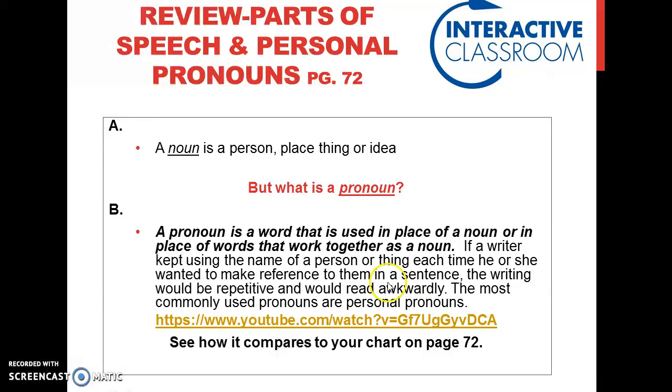So we're going to watch a video. It's kind of cool. And you're going to see how the video compares to your chart on page 72. So page 72, there's a chart with 3 columns entitled Personal Pronouns. There's singular, plural examples for the first person, second person, and third person.